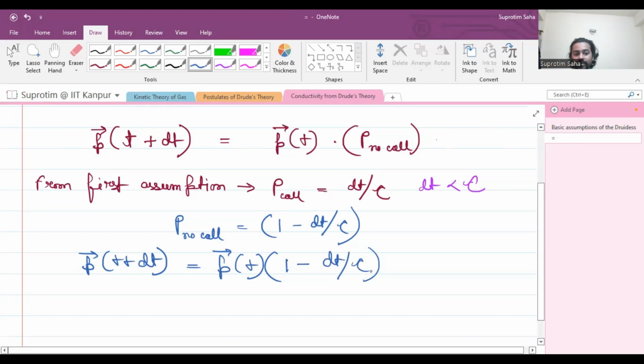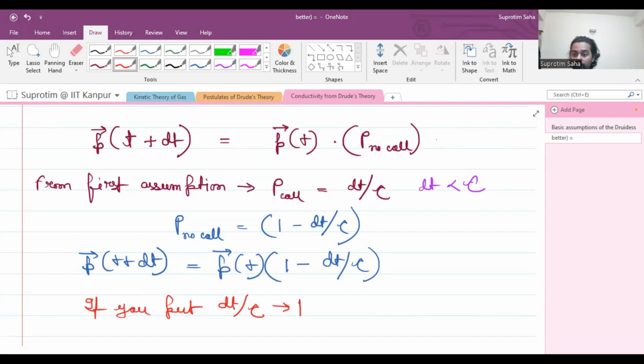All right. So now you can ascertain that this is correct, because when you put dt by tau to 1, that means you are looking at a time scale which is greater than tau. By that time, the electrons have undergone an enormous number of collisions.